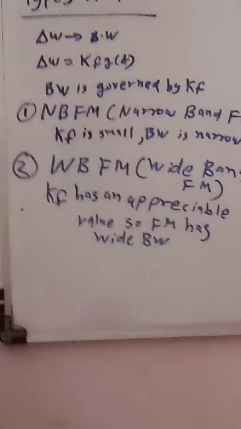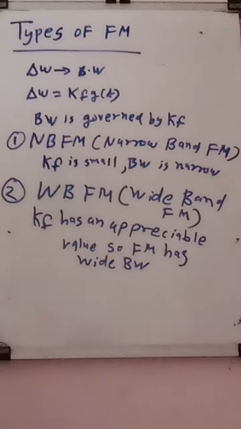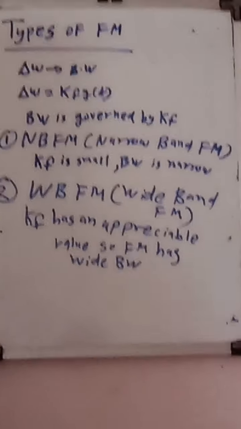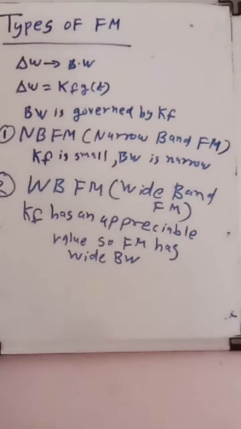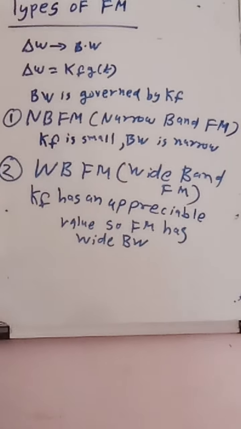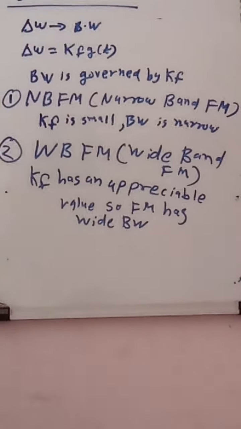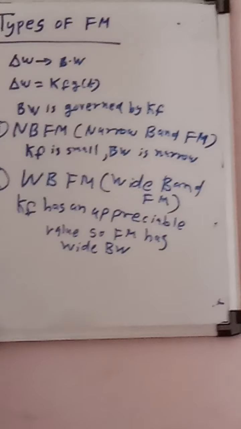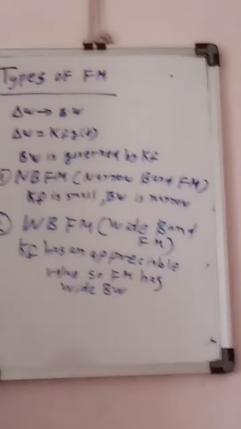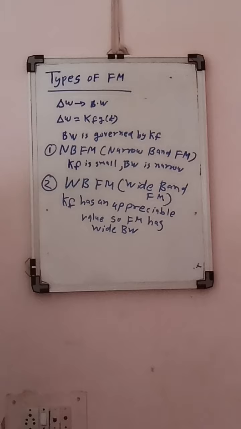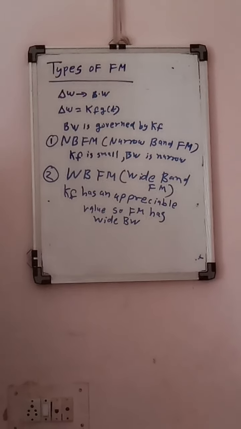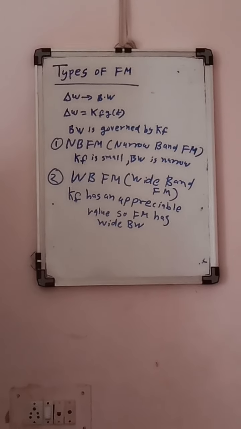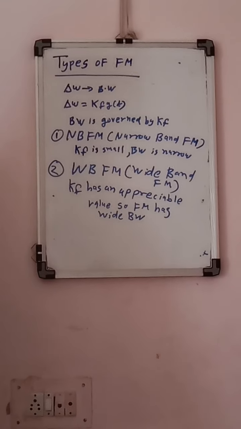So on the basis of this value of kf, meaning the frequency sensitivity, if the frequency sensitivity is small, the bandwidth is narrow, then the frequency modulation is known as narrowband frequency modulation. And if kf has an appreciable value, so FM has wide bandwidth, and accordingly that frequency modulation will be known as wideband frequency modulation.